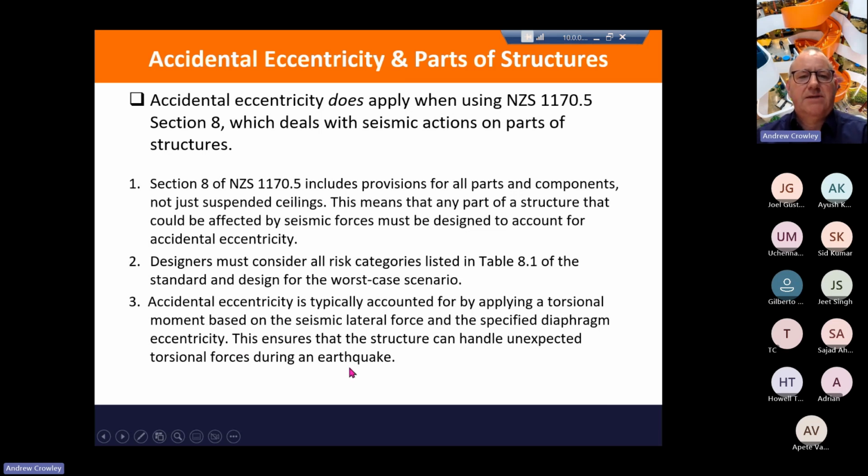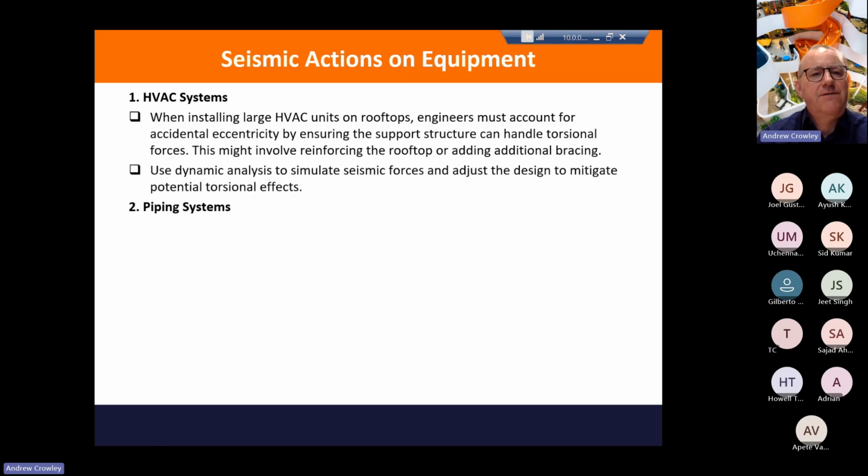So, yeah, accidental eccentricity is typically accounted for by applying a torsional moment based on the seismic lateral force and the specified diaphragm eccentricity. But it is worth thinking about. If you've got big heavy loads that need to be held up on the top of a building, it's not just the seismic load due to parts, it's also the eccentricity due to the application of that seismic load.